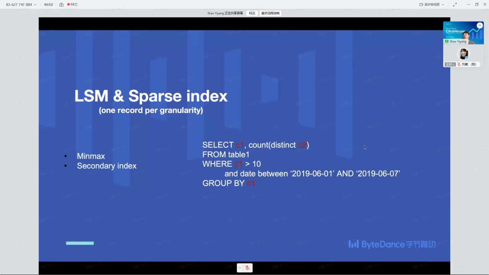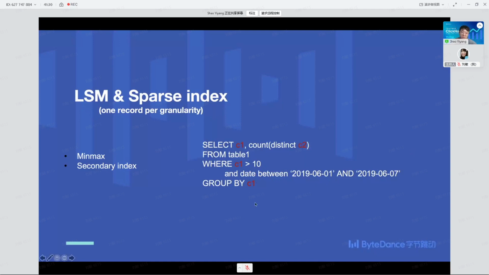So for example, if your where condition includes one of your sorting keys, like C1, it will first try to find the block of data containing the number 10, and it will only read from that block. It will automatically ignore all the blocks before this block, because all the data before this block is smaller than 10 for sure, since the data has already been pre-sorted.